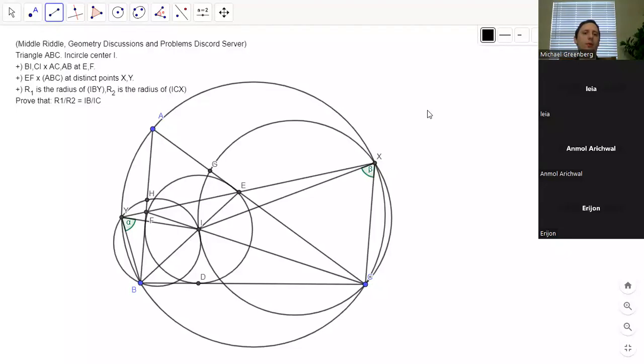Okay, so if we could show IH equals IG, that solves the problem. And IH is intercepted by an angle of B over 2.